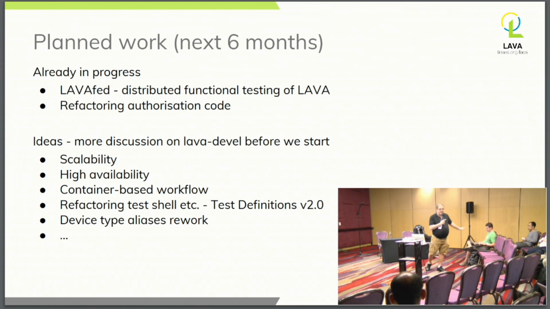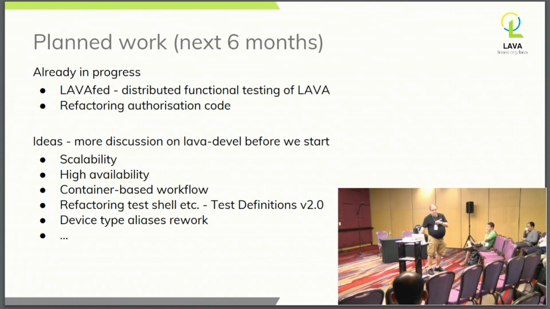Again, come to the talk, it's great. Stefan has also already been working on refactoring our authentication code. The way that we do ACLs and authorization in Lava at the moment depends on some really old, outdated custom code that we want to move away from.